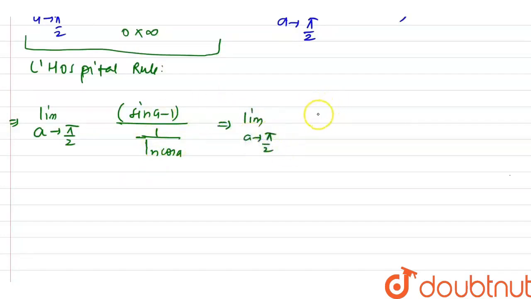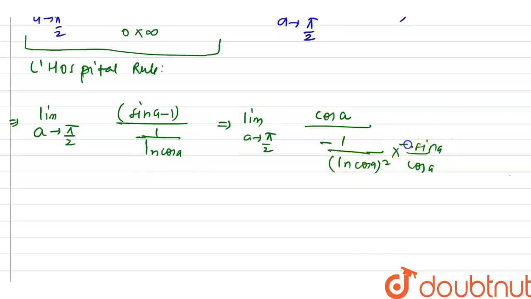Sin A differentiation is cos A, and minus 1 differentiation is 0, over, here we have 1 over ln cos A. So it will be minus of 1 over ln cos A whole square, then the derivative of ln cos A will be (1/cos A) times minus sin A. Because ln differentiation is, we all know, 1 upon x, and then x differentiation is this. So this is the complete differentiation.